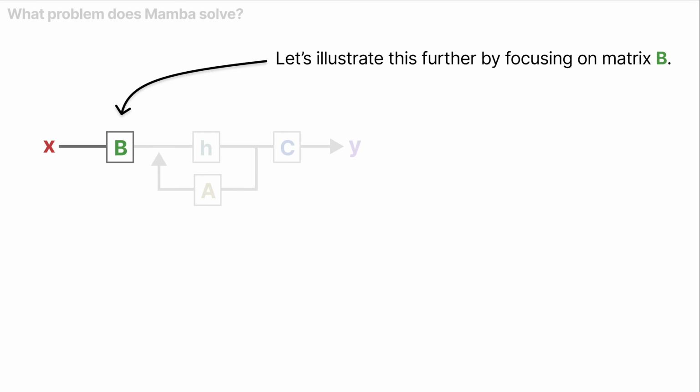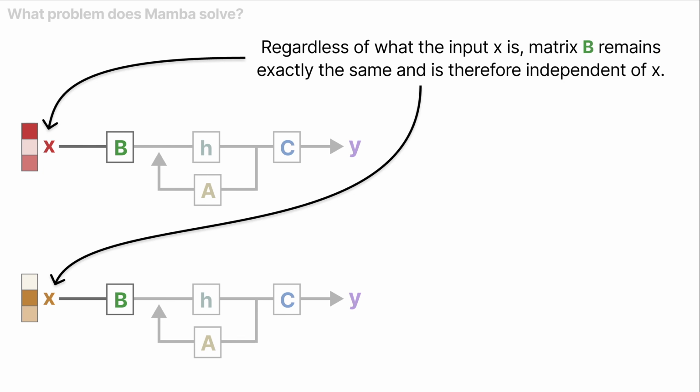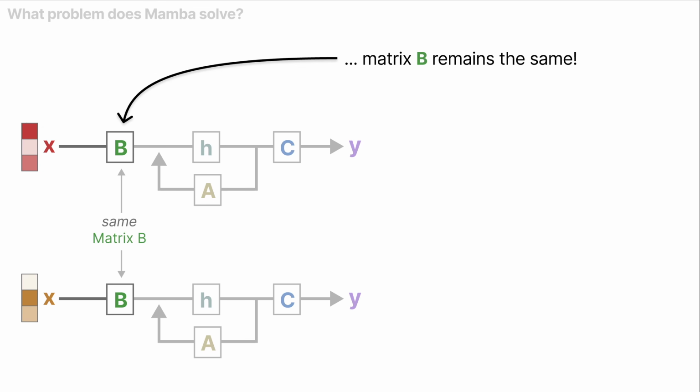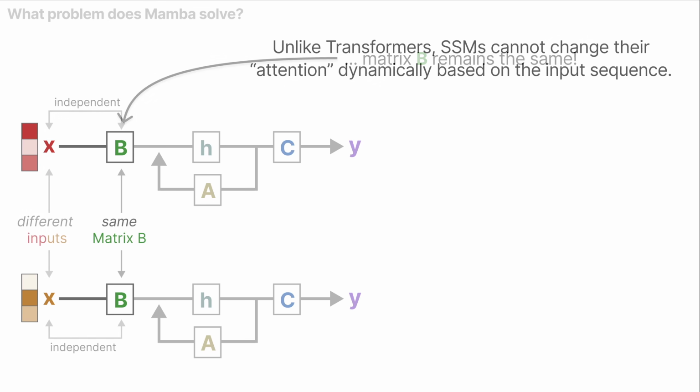Let's illustrate this further by focusing on matrix B. Regardless of what the input X is, matrix B remains exactly the same and is therefore independent of X. Although there are different inputs, matrix B remains the same.